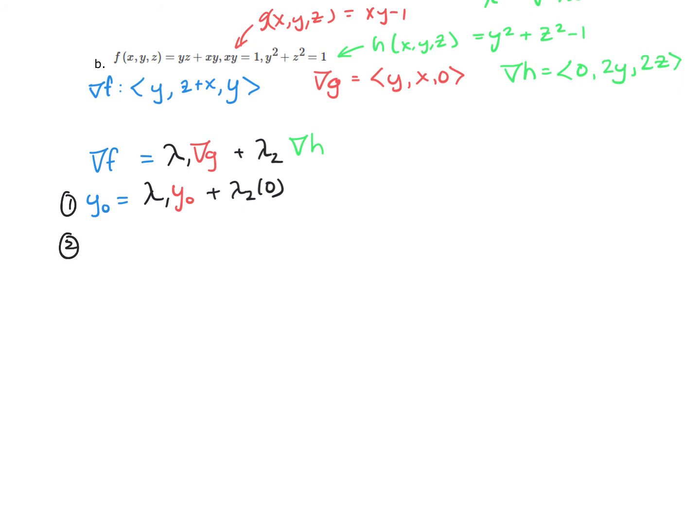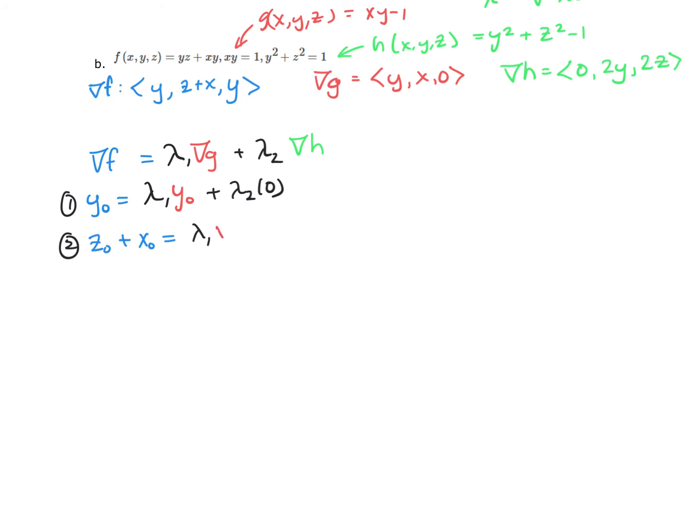Number 2 is going to be my z naught plus x naught is going to be equal to lambda sub 1 x naught, or excuse me, this is the second term.